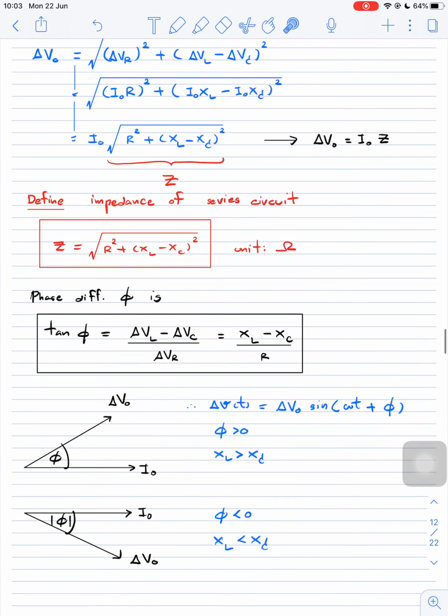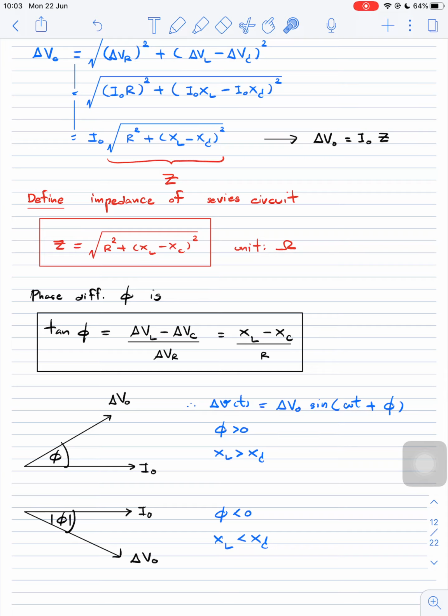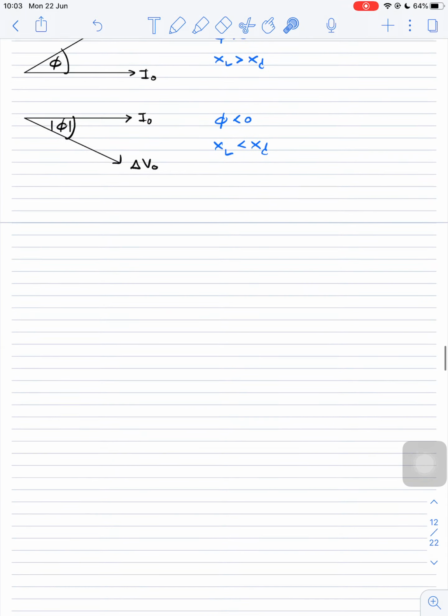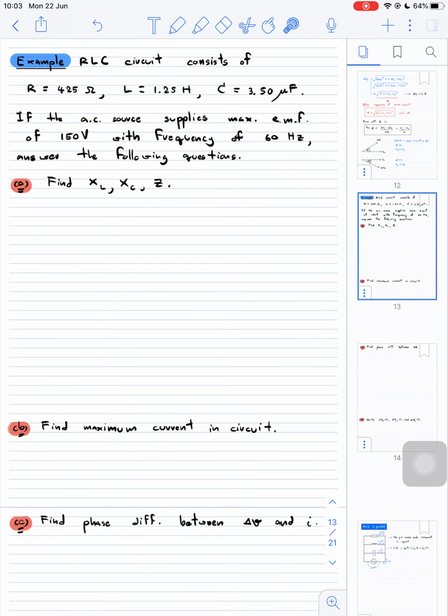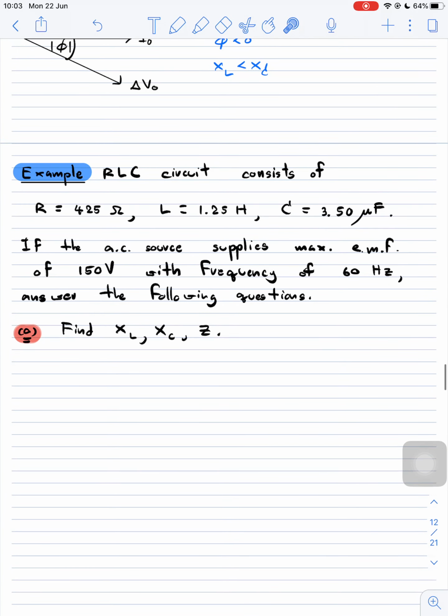And that's it for the series combination of the R, L, and the C. Okay, so let's look at an example. We have an RLC circuit consisting of a resistor with the resistance equal to this value, an inductor with the inductance equal to this value, and a capacitor with the capacitance equal to this value.